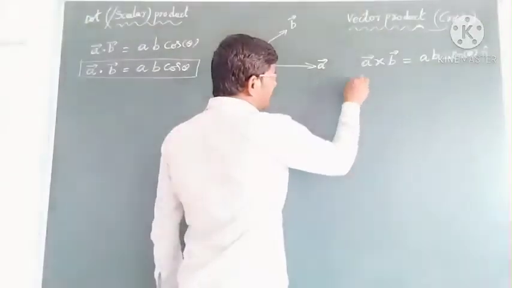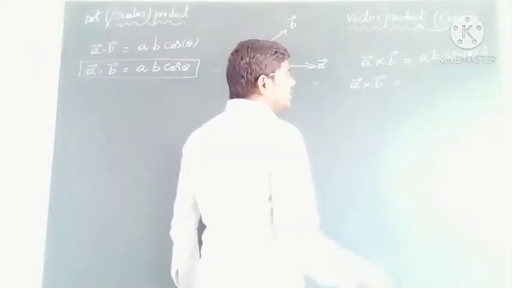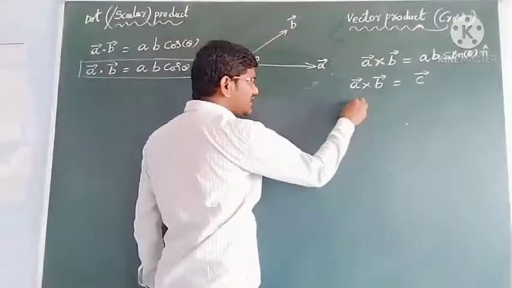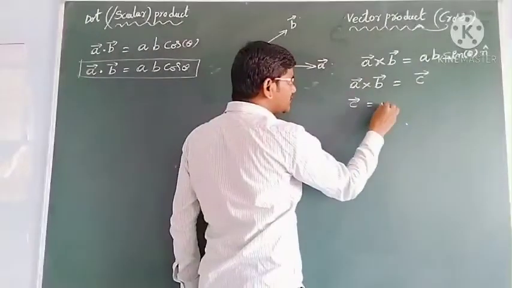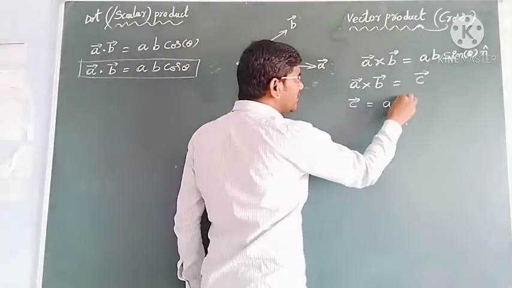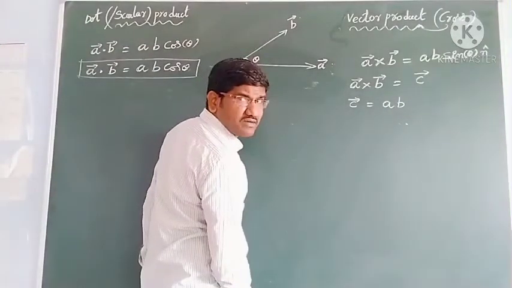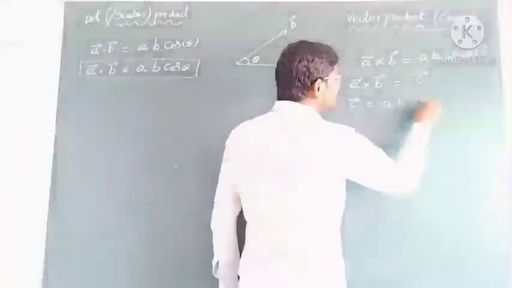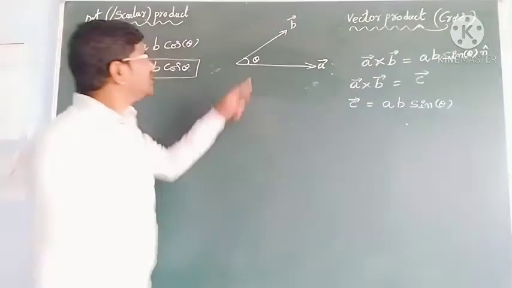Whenever you are doing A bar cross B bar, you will get another vector, c bar. How will you write that? C bar is equal to the first vector magnitude into the second vector magnitude into the sine of the angle between them, the same theta.